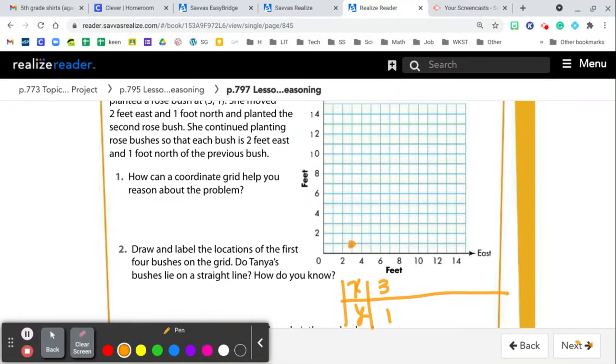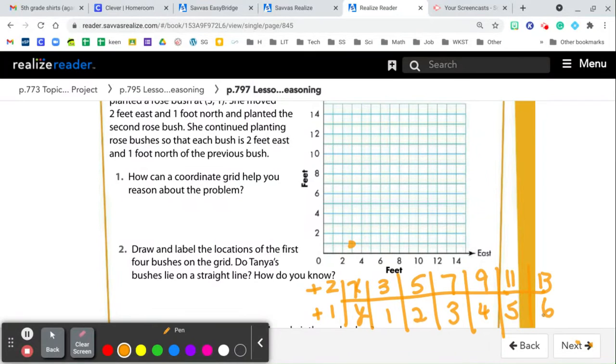So +2 is going to be our rule for X, and +1, 1 foot north, is going to be our rule for Y. X is +2, Y is +1. So we're going to have 5, 2, 7, 3, 9, 4, 11, 5, 13, 6, and so on.